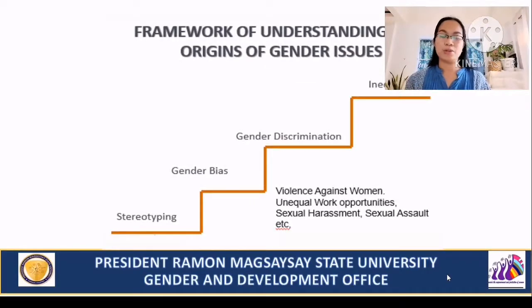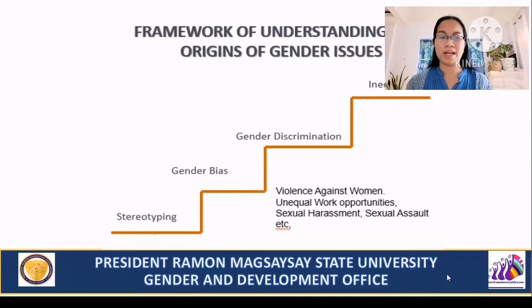So let us recall, during our trainings, we always show this framework of understanding the origins of gender issues. The major gender issue that we are facing is gender inequality. But before gender inequality, it started from gender discrimination, then from gender bias, and the root cause would be gender stereotyping.